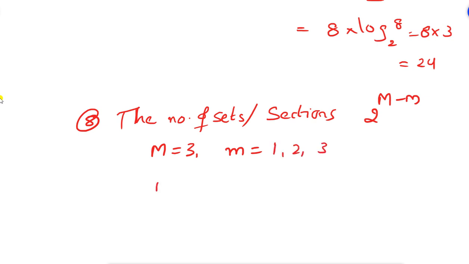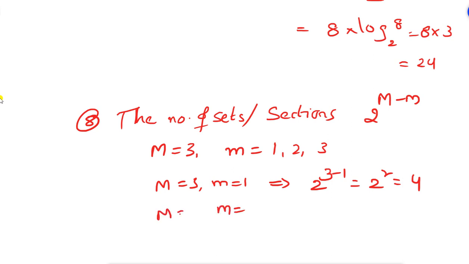Here, if M is equal to 3 and small m is equal to 1, the number of sets is given by 2 to the power of 3 minus 1, that is 2 square, that is 4 sets in stage 1. Now M is equal to 3 and small m is equal to 2. The number of sets or sections in stage 2 is 2 to the power of 3 minus 2, that is 2 power 1, that is 2.